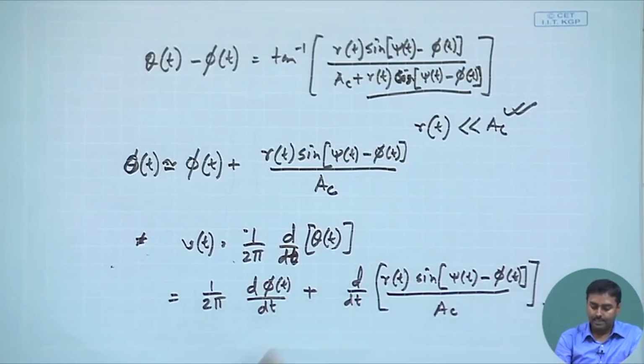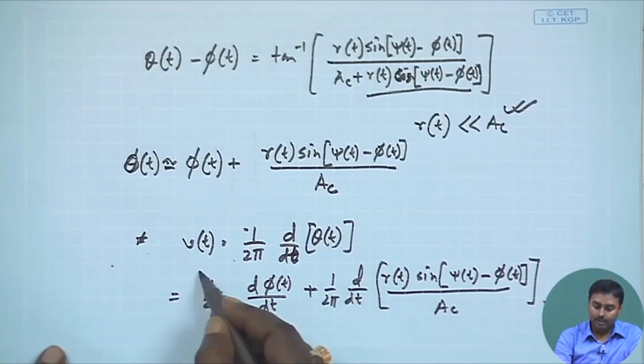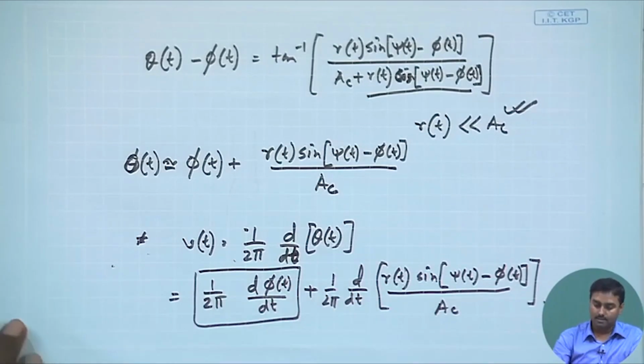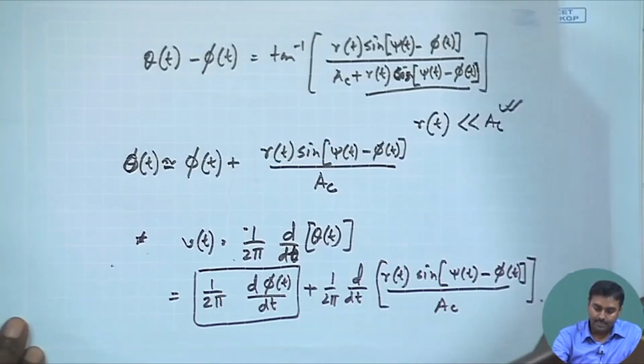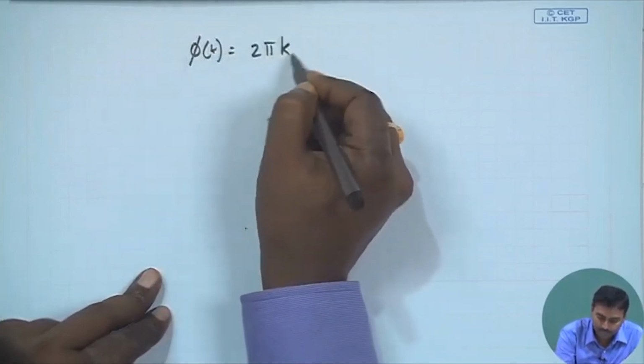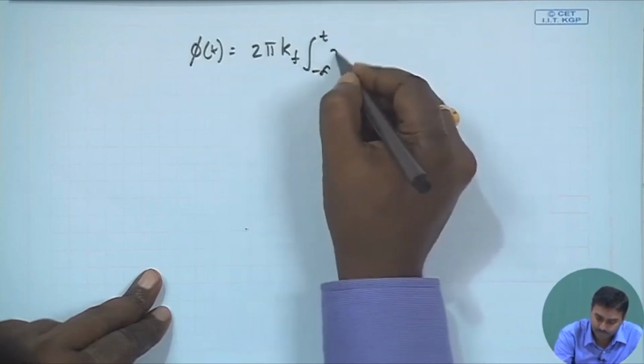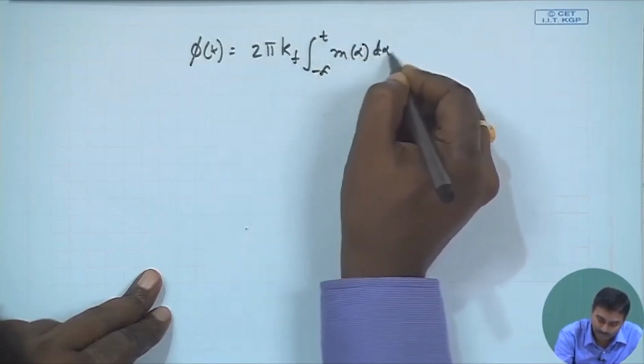Of course 1 by 2 pi should be there. Let us first try to evaluate this part. What was my phi t? Phi t was 2 pi k f integration from minus infinity to t of m alpha d alpha.